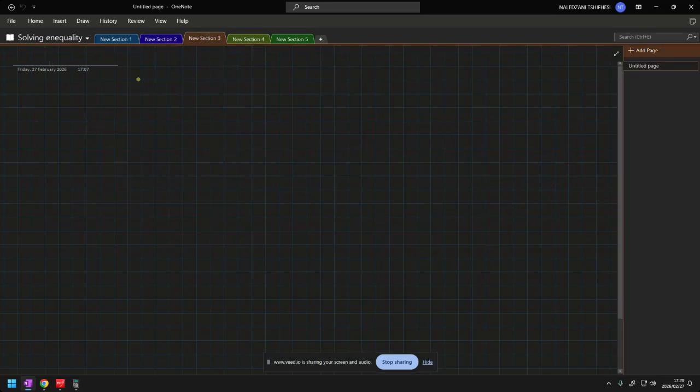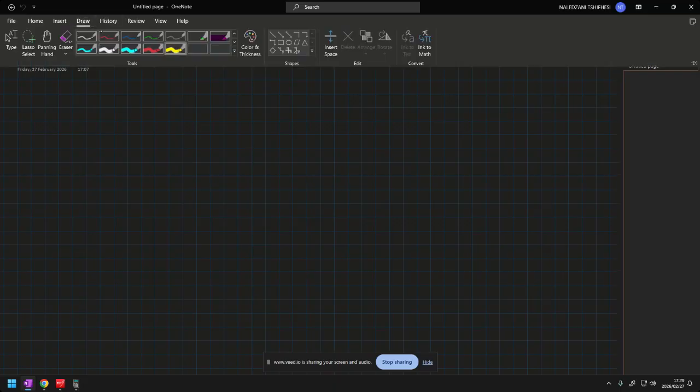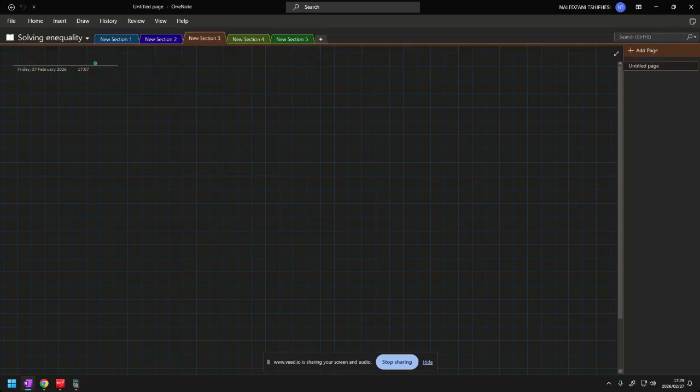So let's go to another inequality that we can use. So example 2.